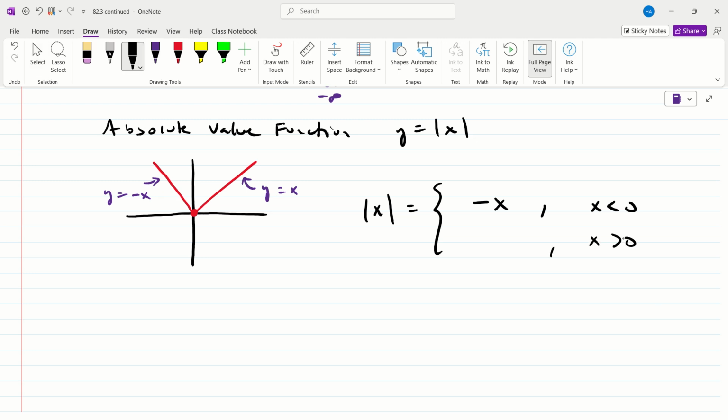For values that are positive, the values on the right-hand side, the absolute value function can be thought of as positive x. And one of these has to carry the 0. Either one of them can do it. So I'm going to have this guy carry it. So when the x's are either positive or 0, you're looking at the function x.